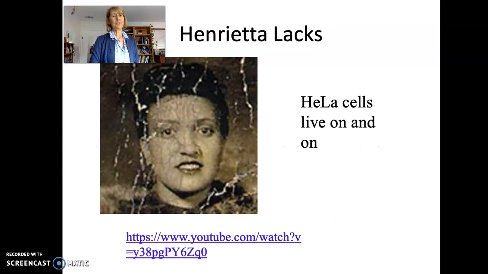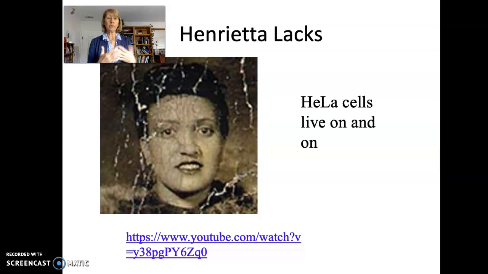A very interesting story is that of Henrietta Lacks. She died of cancer, and she had these cells that were overproducing mitosis. They were creating growths. And some of these cells were taken from Henrietta into these cancer study labs, research labs, and they looked at these cells and they found that they had this inherent ability to duplicate and duplicate and duplicate again.